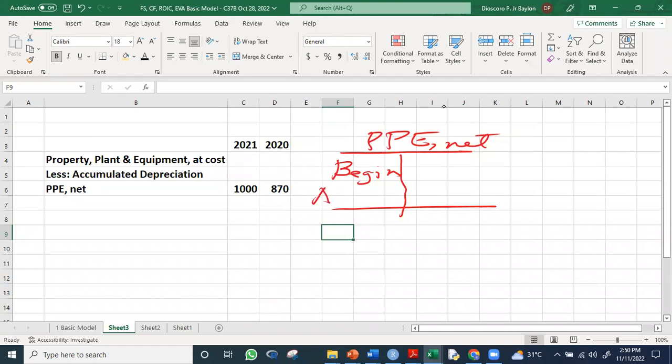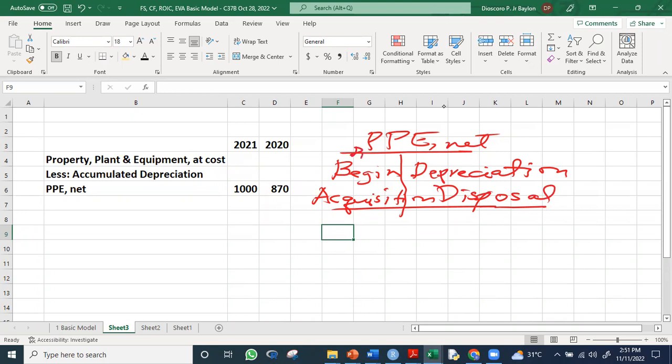We have here acquisitions, or the value that was bought. And then we have here depreciation expense. And then we have here disposal. Disposal is any fixed asset that was sold by the company. So that will be a deduction.